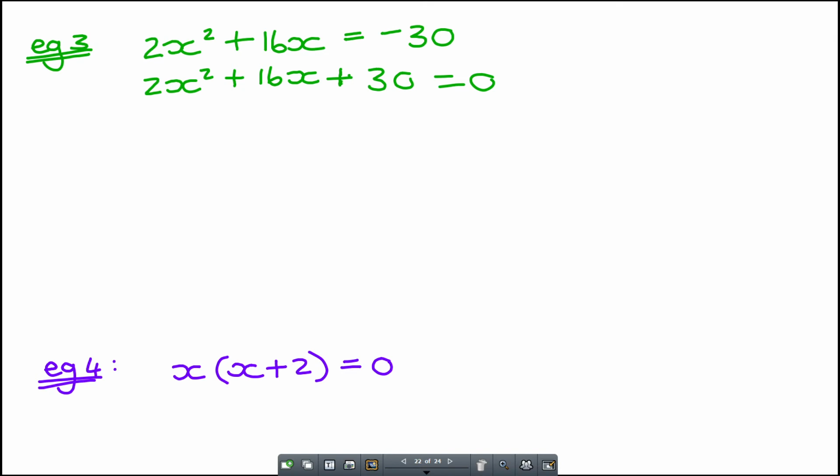Right. So plus 30 equal to 0, no? Right. Now step 2 says factorize.